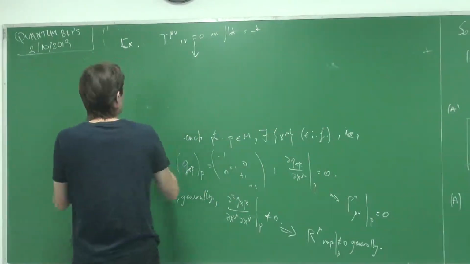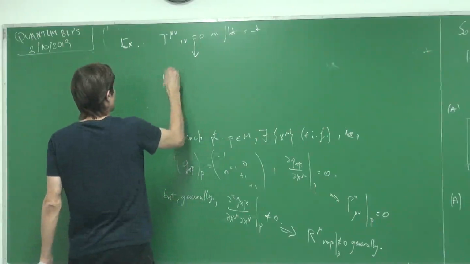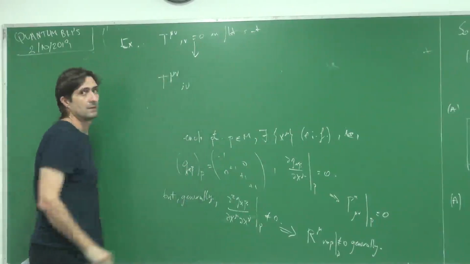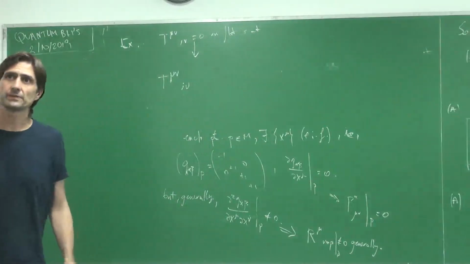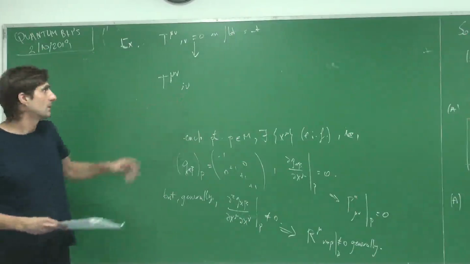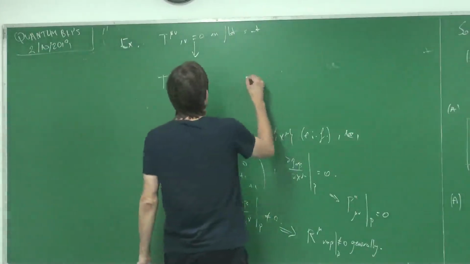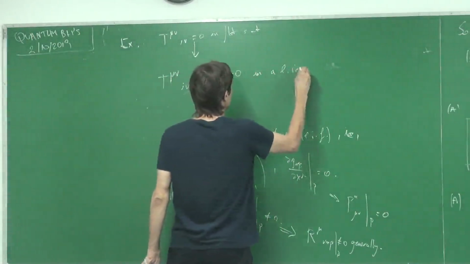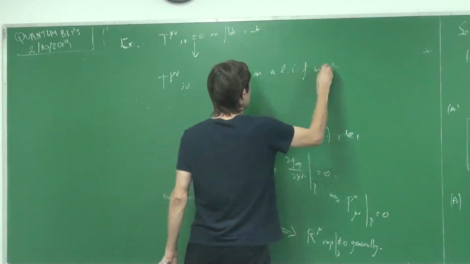Okay, so you could write it replacing the partial derivative by a covariant derivative. This will be true in a locally inertial frame in curved spacetime.